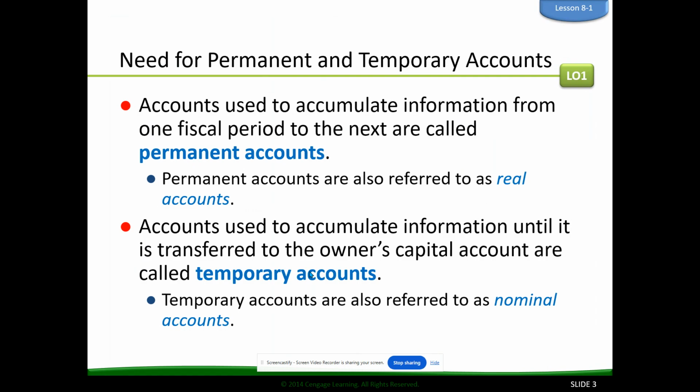By period, in most of the examples that you guys are using, is a month, but for most companies, it's for the year. We want to keep track of how much money in that sales account we are making per period. So it starts with a zero balance at the beginning of the period, and at the end of the period we close it with a zero balance to get it ready for the next period.